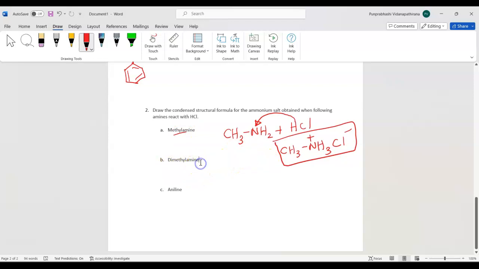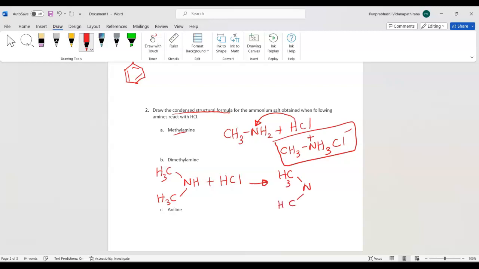So what is the product with dimethylamine? I will first write the formula for dimethylamine, the CH3NH. So this is how dimethylamine looks like. So after reacting it with hydrochloric acid, so you will get dimethyl ammonium chloride with two hydrogen atoms attached, because this hydrogen will go and bind with nitrogen.